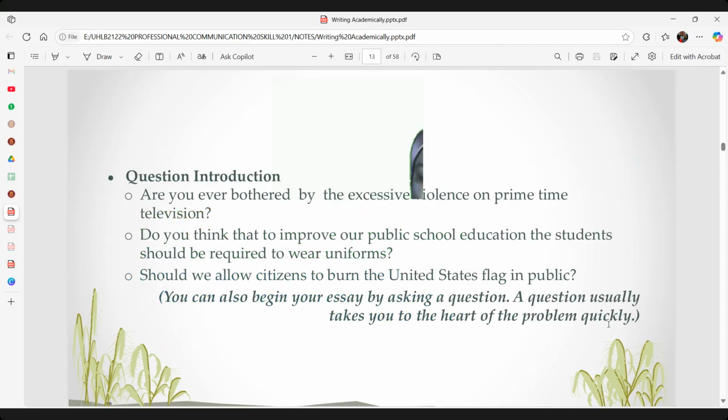Another favorite of mine in introducing a writing is using a question. Why? Because remember, you have to write an introduction that interests people, that attracts people. So when you are using a question as your introduction, by default, people will feel intrigued, interested, attracted. Attracted to what? Attracted to know the answer to the question. Try this social experiment.